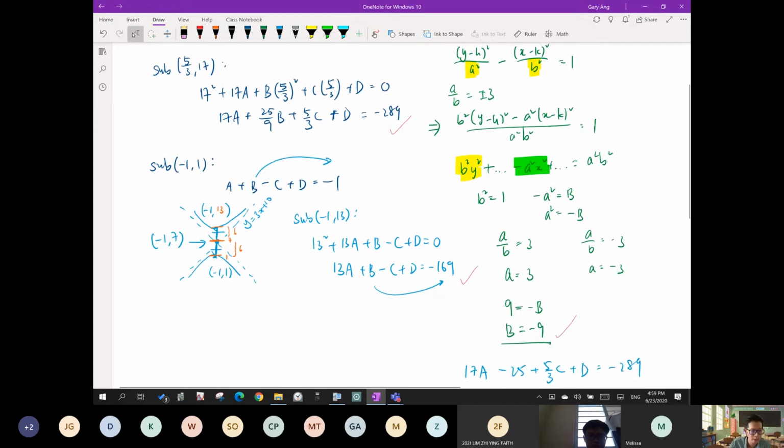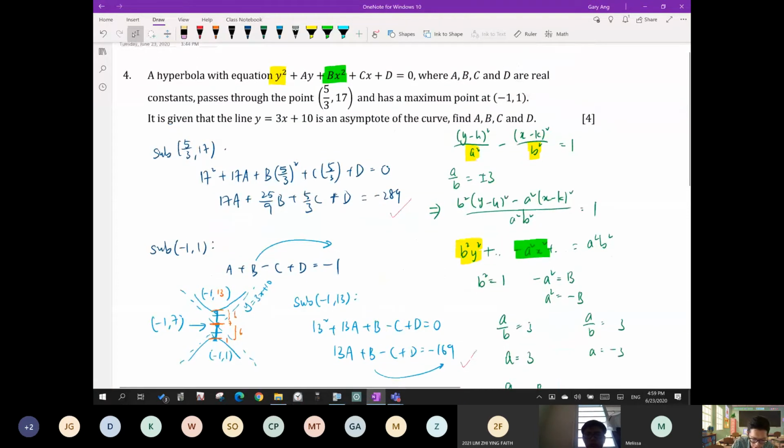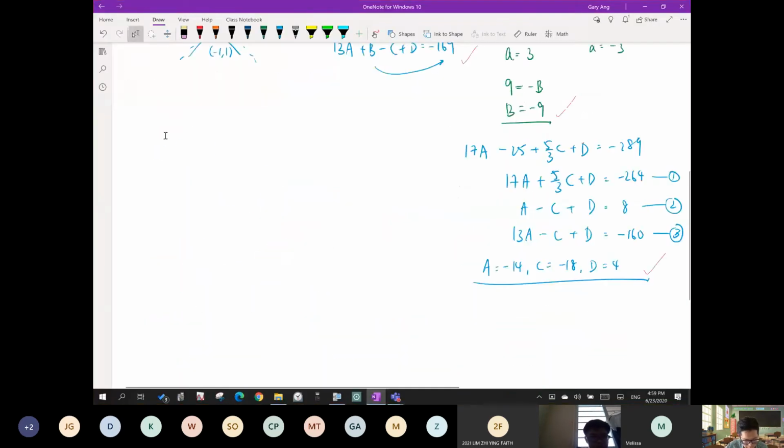All right, so the differentiation is not that difficult, again, because this scrolling thing is not very efficient. Okay, so I'm probably just going to copy this, paste it here. All right, and then we can just see it from here. Okay, so you can differentiate this. You're going to get 2y dy/dx plus a dy/dx plus 2bx plus c equals 0.